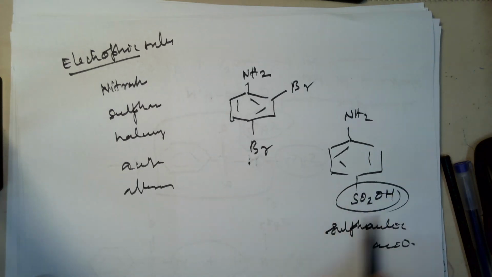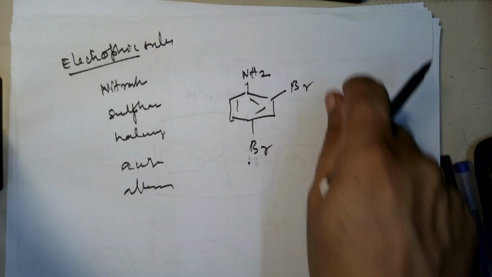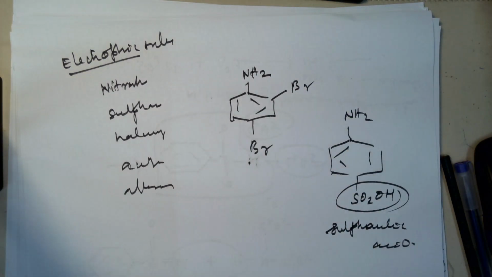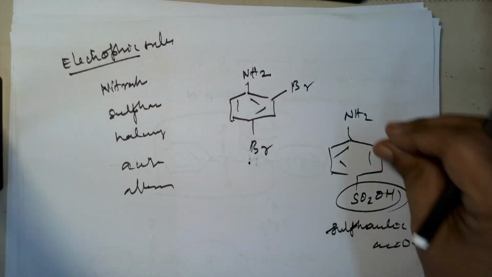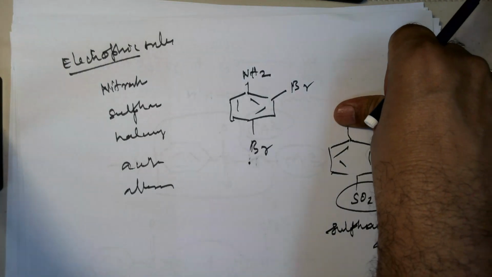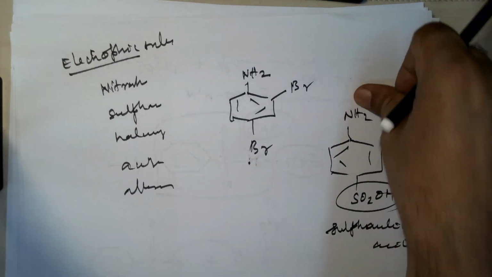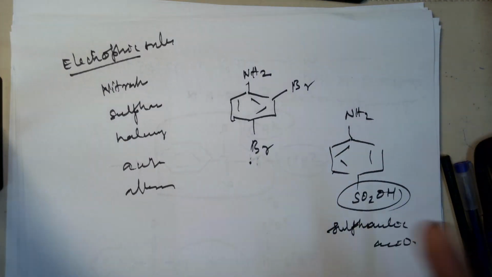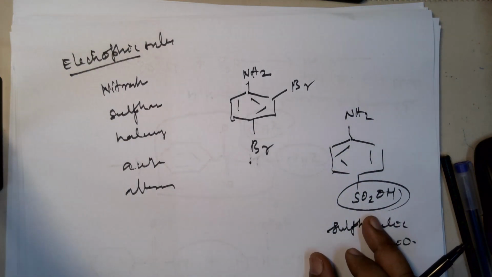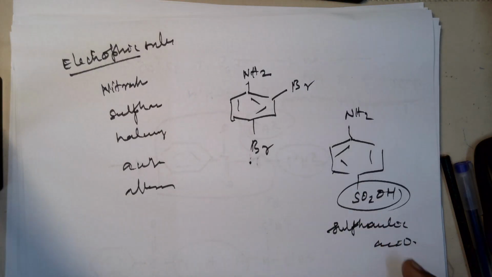This is called sulfonic acid, and this is aniline. So sulfanilic acid. If there is no amino group, then it is called benzene sulfonic acid. It can also be called para-amino benzene sulfonic acid, simply called aniline sulfonic acid or aniline sulfanilic acid.